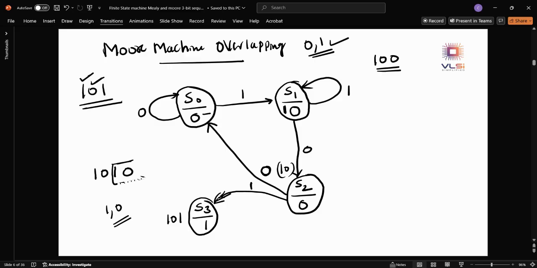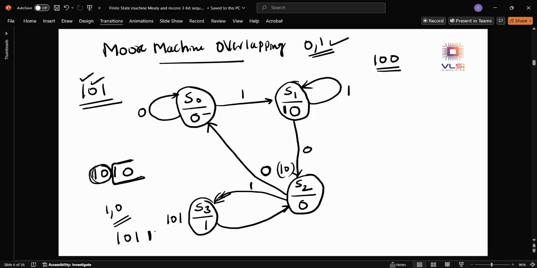In 1 1 1 1 the state diagram is not matching, I need to check for only 1 bit. Here I got 1, so it should go to S1, and the input is 1.